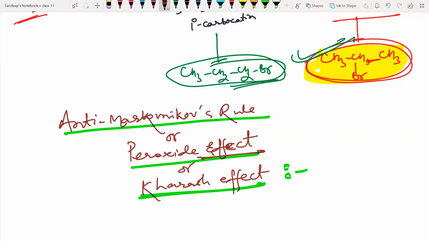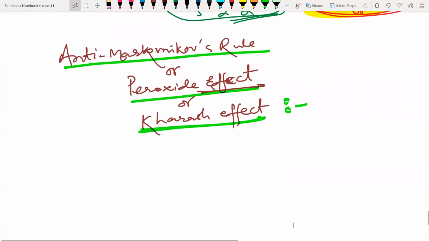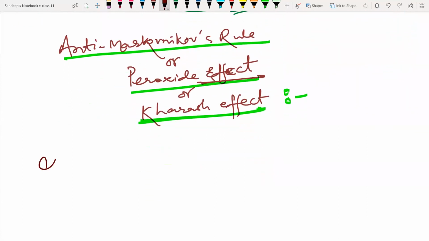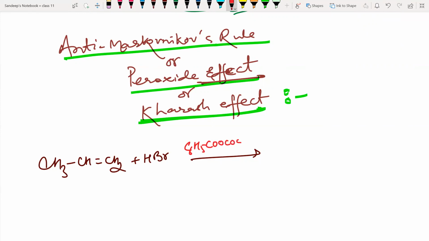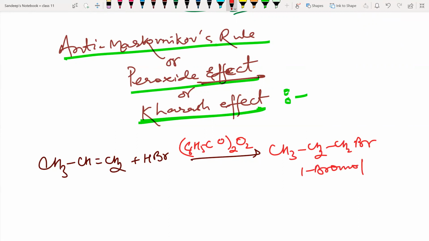So in the presence of peroxide, CH3CH=CH2 treated with HBr, take benzoyl peroxide, C6H5CO, with one more oxygen. You can write a shortcut form also. This will form CH3CH2CH2Br. This is called 1-bromopropane and this is the major product.